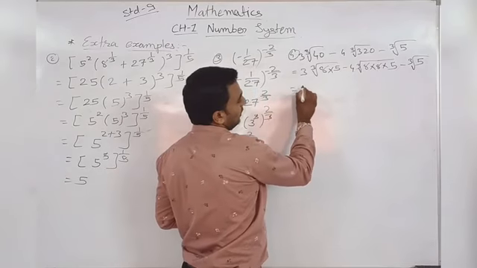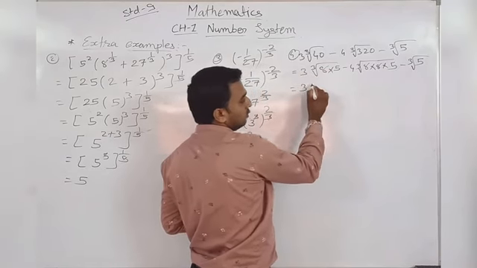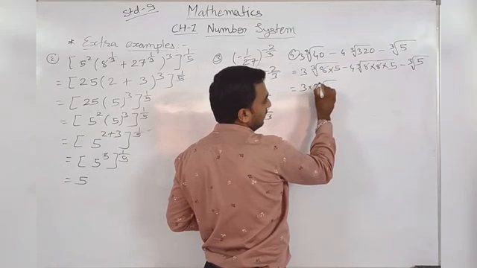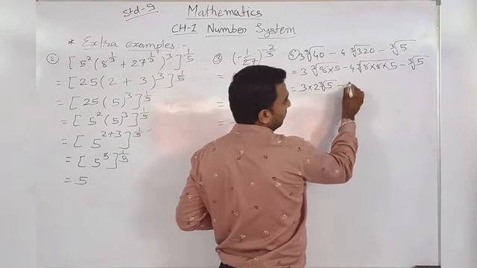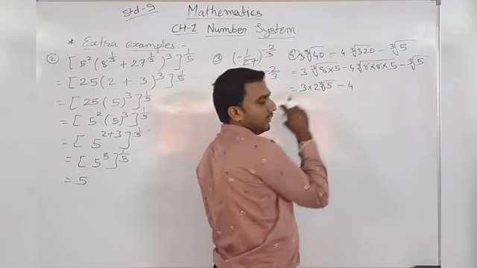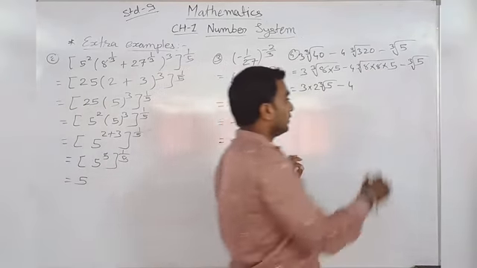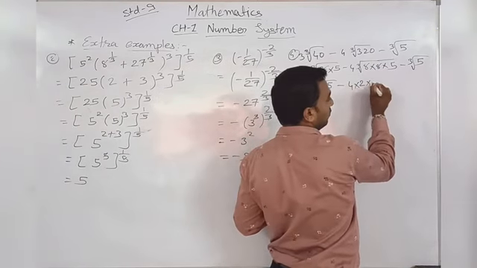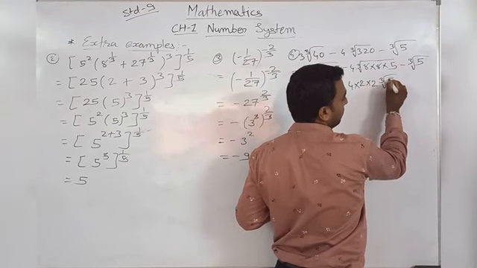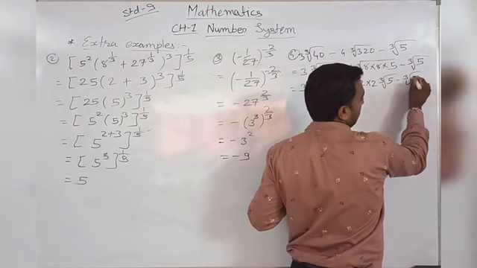Again we know that the cube root of 8 is 2, and in the cube root is 5. Again here, 64 is 4 cubed, and the cube root of this is 4.